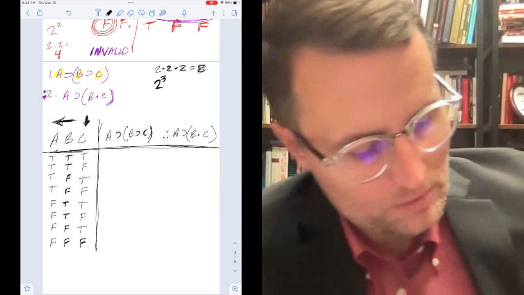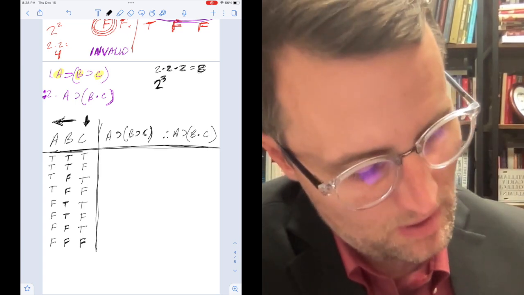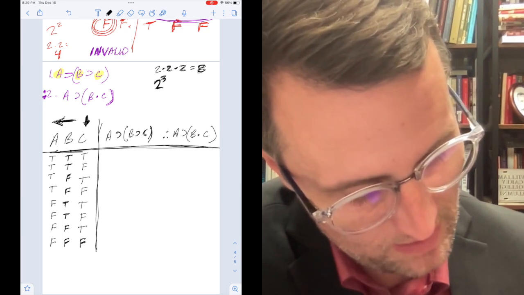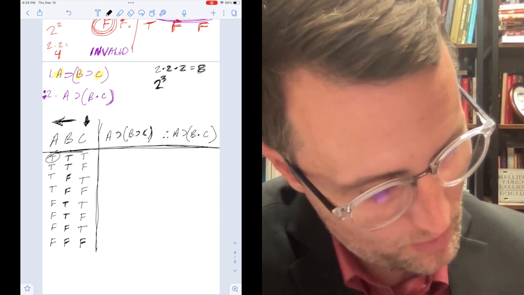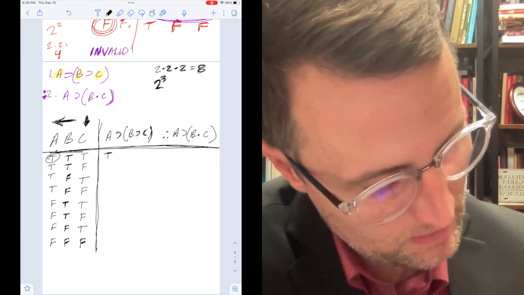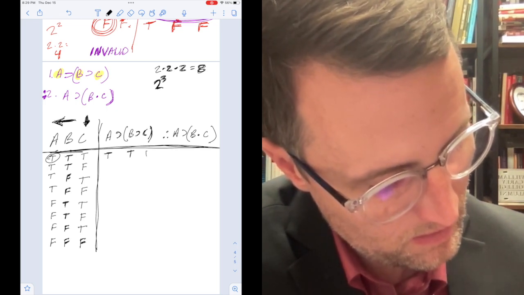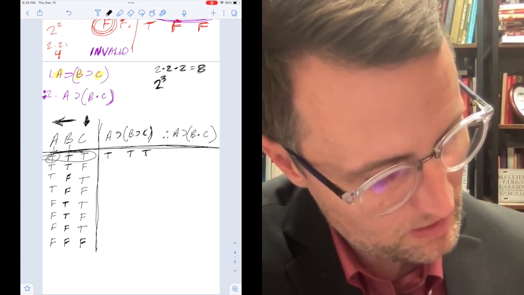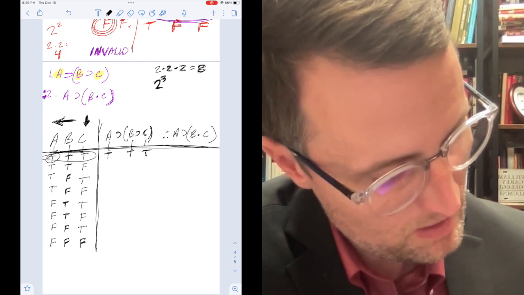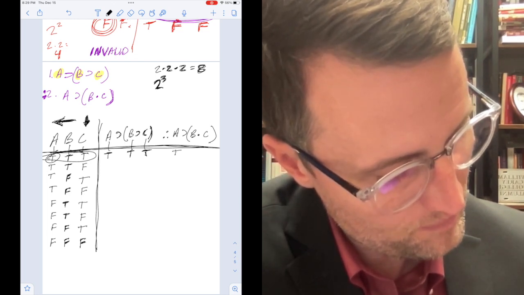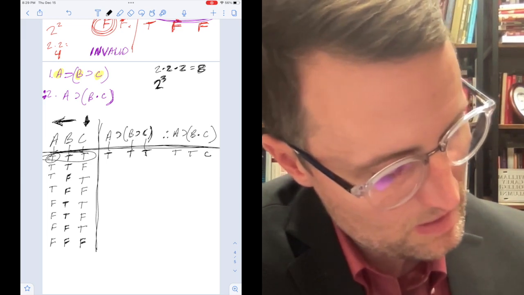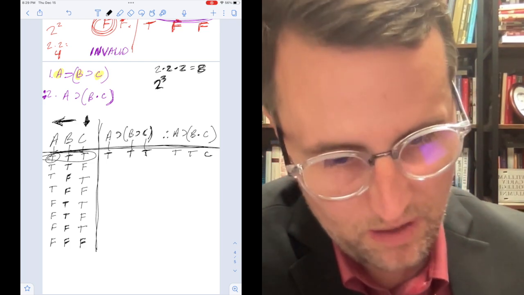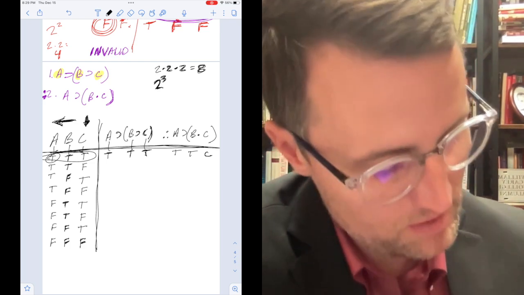And so sometimes people will start assigning the values of the row in here like this. As you can see, A, B, C, A, B, C, and then right here. And then start calculating the truth values of these statements.